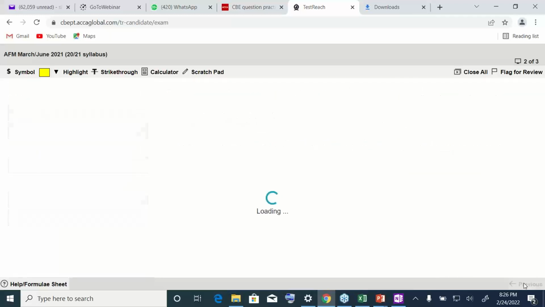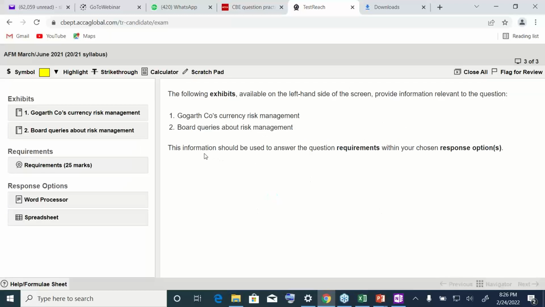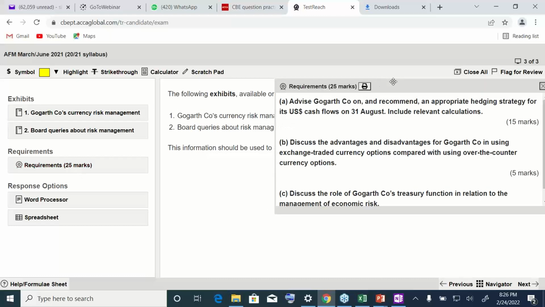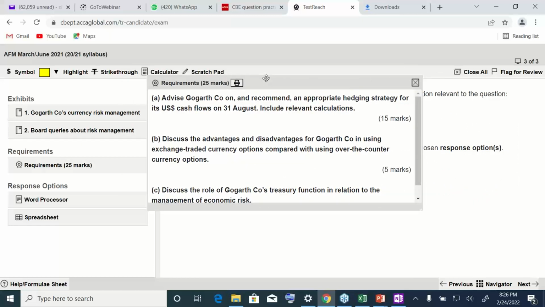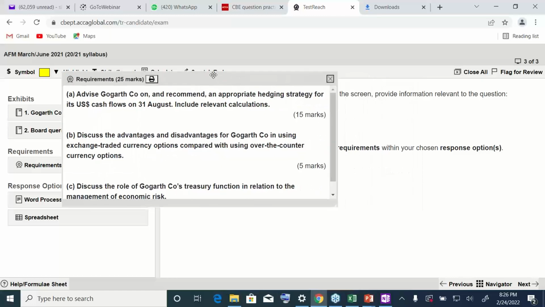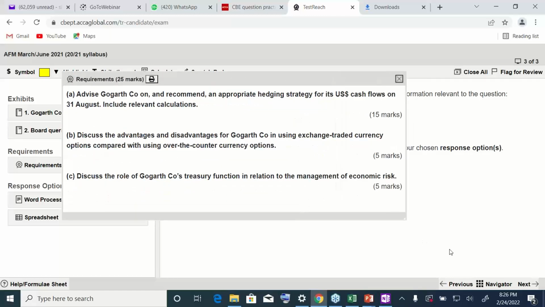Okay, so next question. Yes, this is the question. Please open question number 3 of the March-June 2021 attempt.